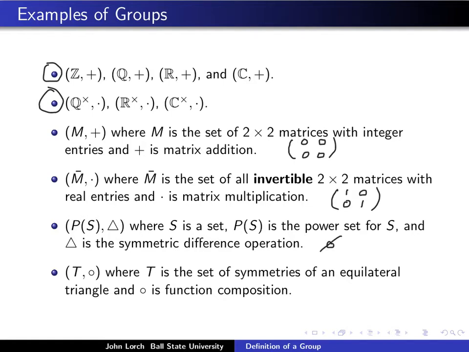And then finally, you saw a video about symmetries of the triangle. In fact, if you look at the symmetries of an equilateral triangle, that forms a group where the operation is just composition of symmetries, and the identity in that group is just the symmetry that does nothing. It just leaves the triangle where it is without doing anything.